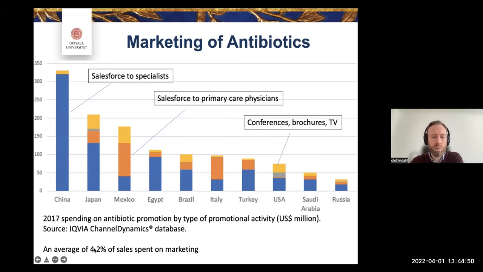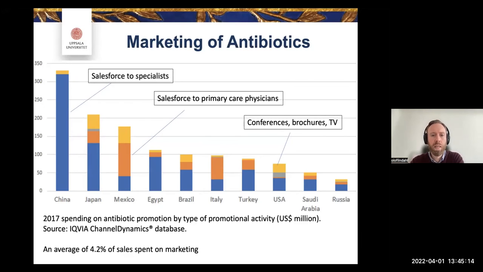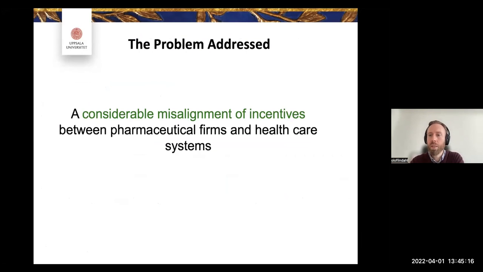And on average, there's 4.2% of sales spent on marketing, which is not a terrible amount, but it still indicates that companies are trying to boost their sales by these active means to get the sales up, to save the company, or just to make profit for any other reason. And this is problematic then, because there's a misalignment of incentives.